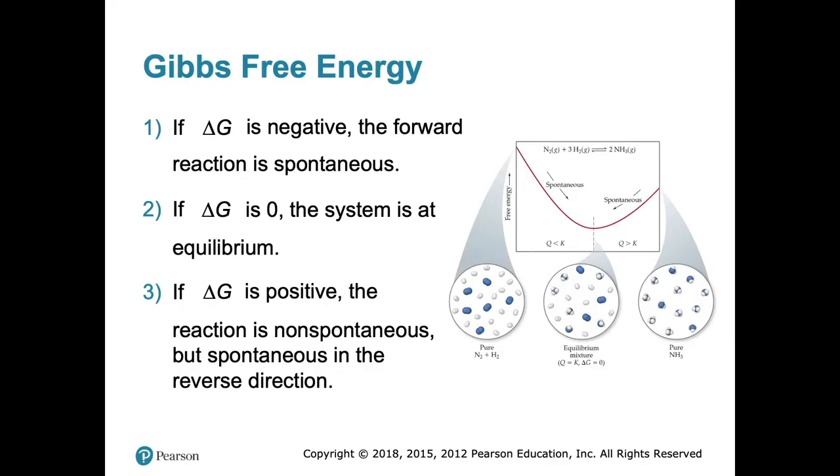So on the test, I might show you a graph like this of another reaction, and you'll have to label which side is delta G negative, which side is delta G positive, and which is delta G equal to 0, and other fun stuff like that. Everybody should love thermodynamics. It's why we're alive. It's great stuff.